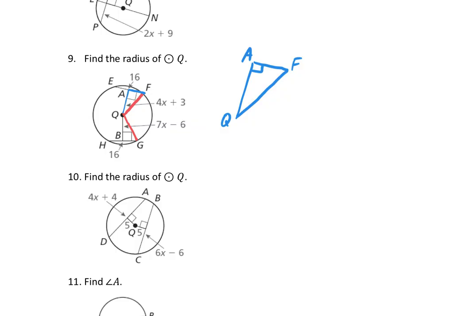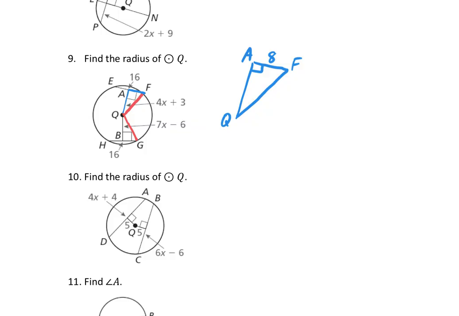When the arrow points at EF, that means it's the entire thing. It's pointing to the middle, okay? And what does QA do to segment EF? Cuts it in half. It's perpendicular, but it also bisects it. It cuts it in half. So that means each one of those pieces is 8. So AF is 8. 16 divided by 2.